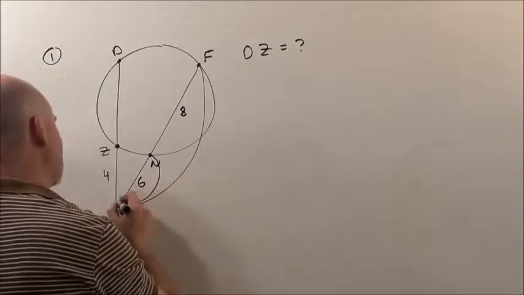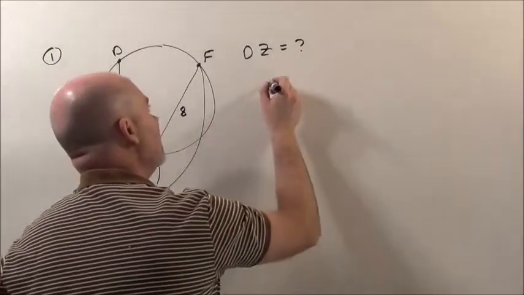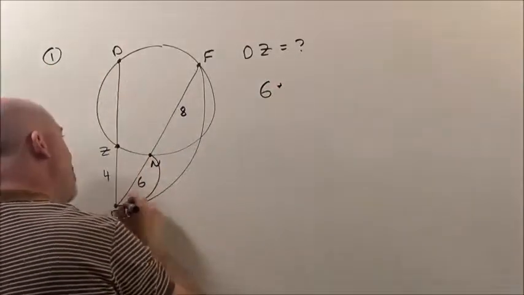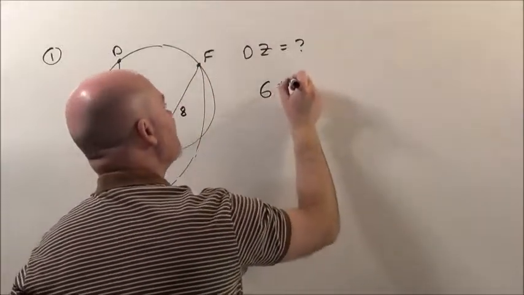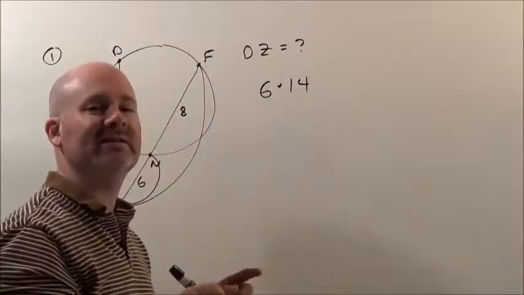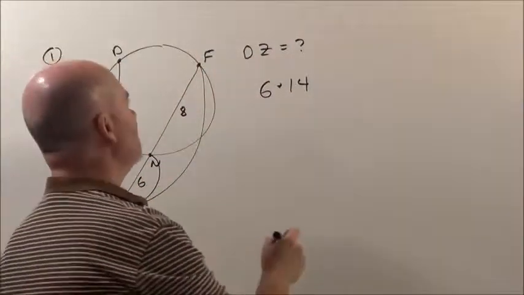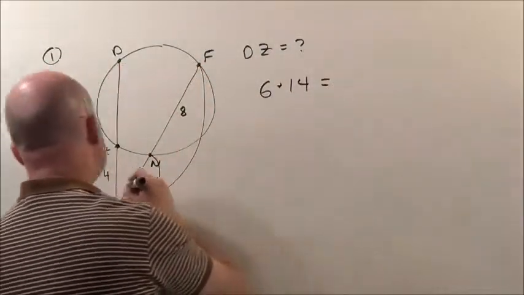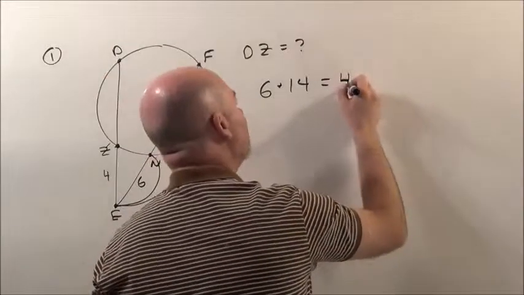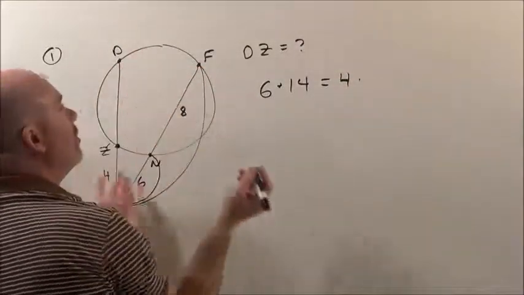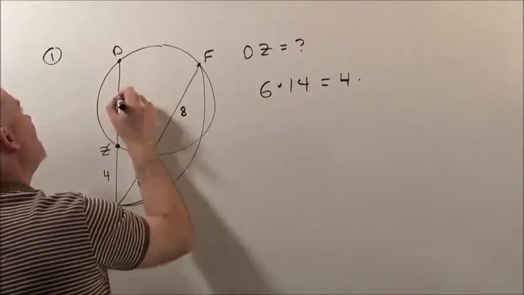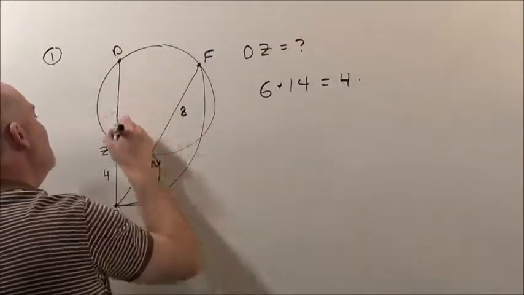So we've got to work this. I got that 6 times the whole length. 8 plus 6, the total length of that leg is 14. So 6 times 14 is equal to 4 times the whole length. Well, I don't know what the whole length is, but let's just label this right here, DZ.